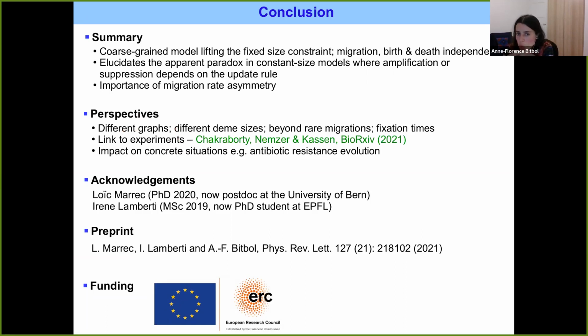An important question would also be to go beyond rare migrations, because this was a simplifying hypothesis that we made for the calculations to be tractable, but it's very interesting to go beyond it. And also to study fixation times in addition to fixation probabilities. Another interesting perspective is to look at the impact of this subdivision on concrete situations, for instance, the impact of structure on antibiotic resistance evolution.